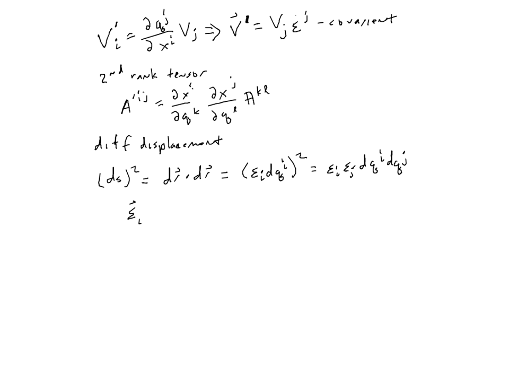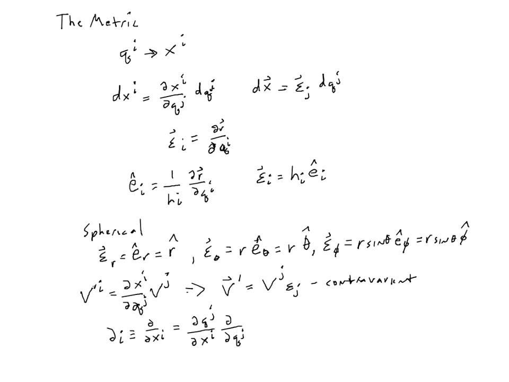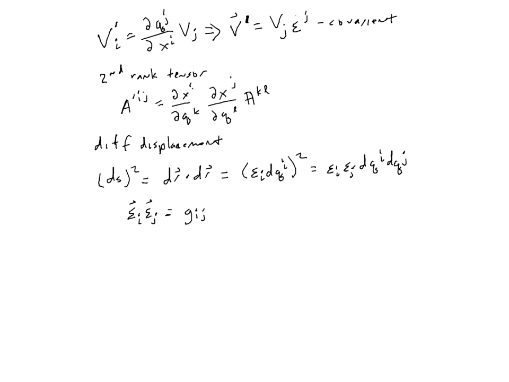Now, epsilon i times epsilon j is equal to Gij, the metric. You can see that falls from before when we defined epsilon i as being h_i times this unit vector term. And so h squared will give you the Gij terms.